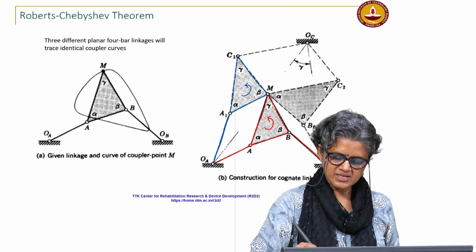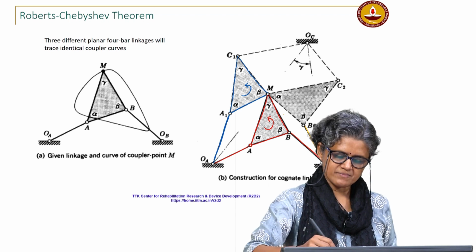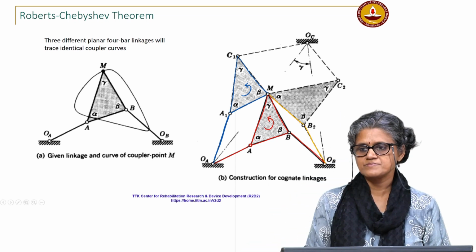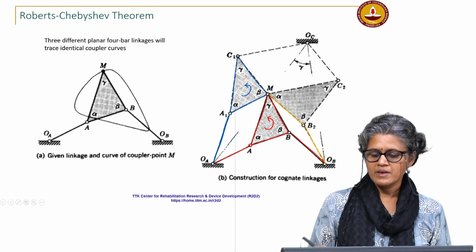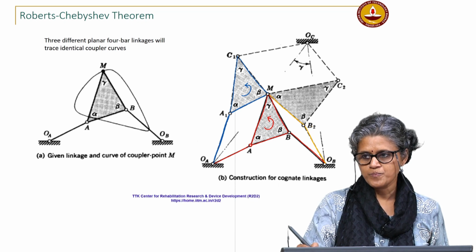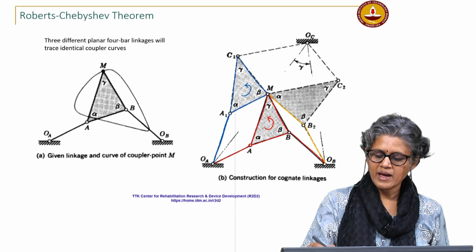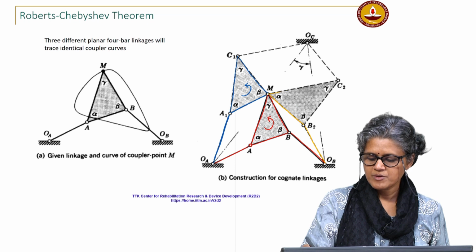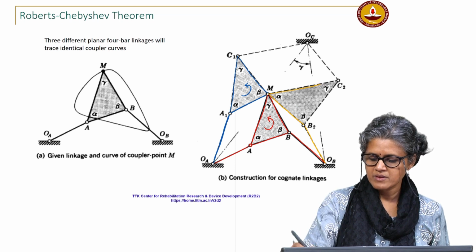I first construct this parallelogram. This is parallel to this, this is parallel to this. Now, I use this as the base for my coupler MB2, and I have to construct the same alpha from here, beta from here.